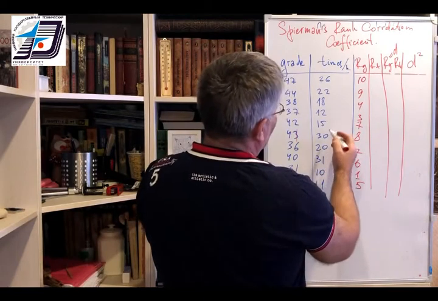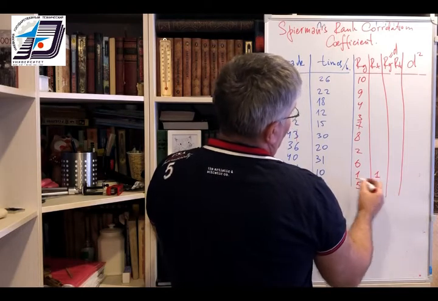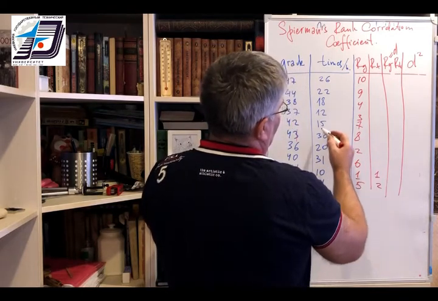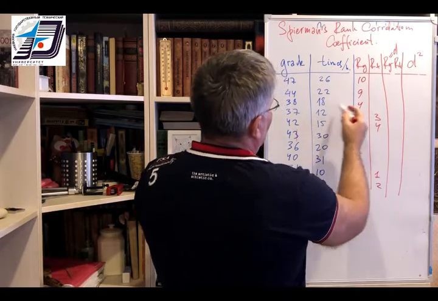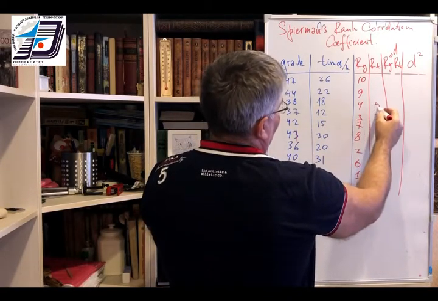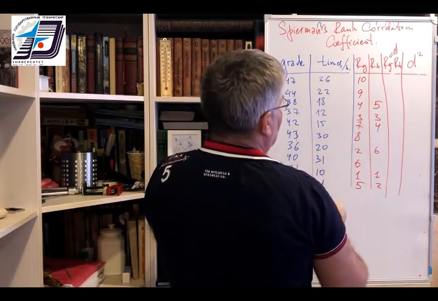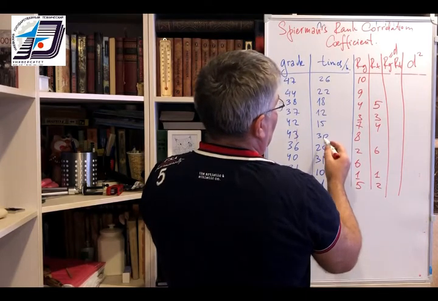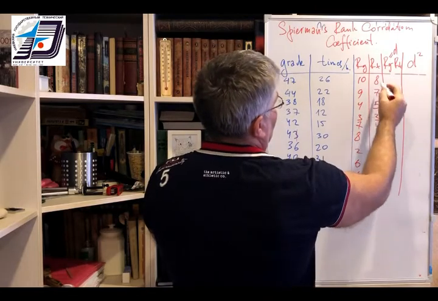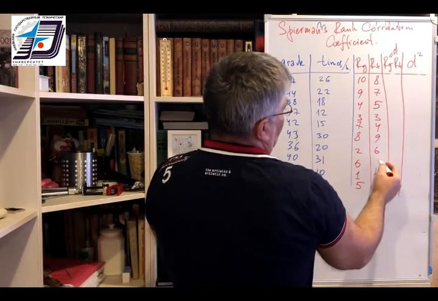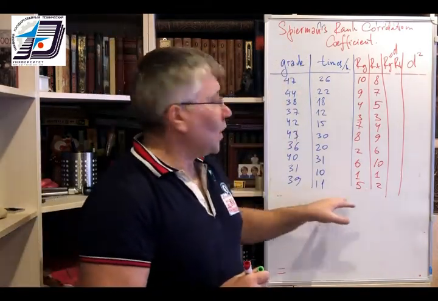The smallest number here is 10, so 1, 2, 3, 4, then 15, 18, 5, 6, 7, 8, 10. So now we have the rank of the time.